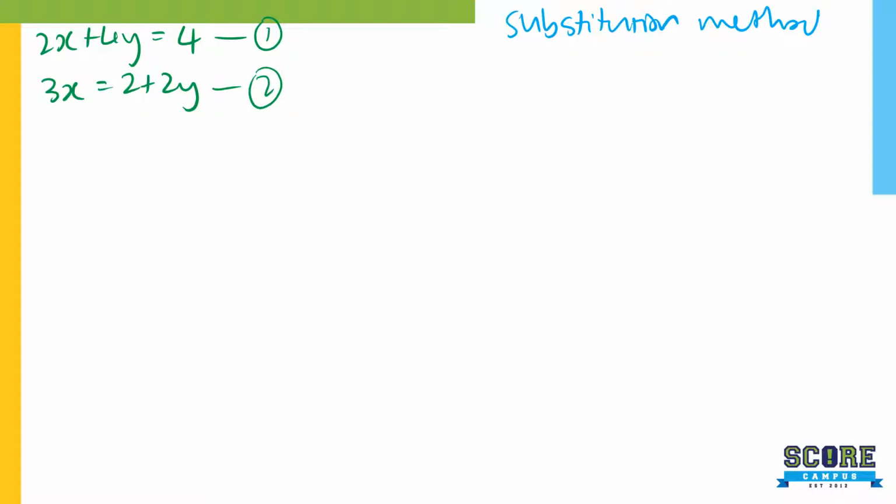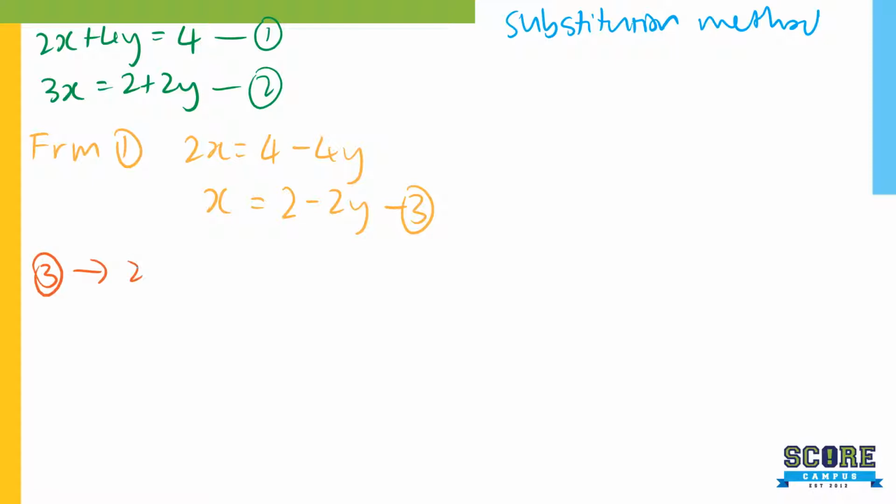So what you're doing right now, let's take from equation 1: 2x equals 4 minus 4y. So x equals 2 minus 2y, because I divided it by 2. Now I get this, which is equation 3. I'm going to take equation 3 and sub it into equation 2.